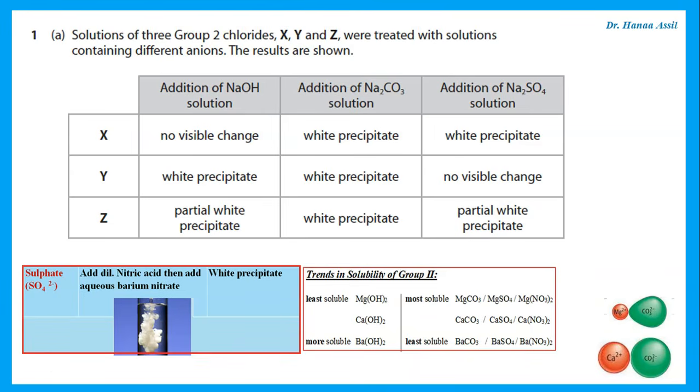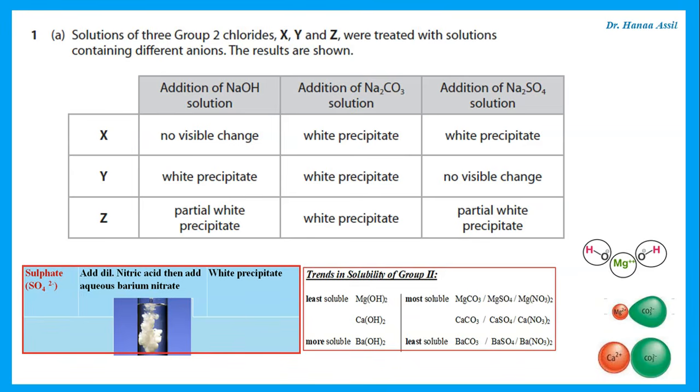So remember that as we go down group 2, the carbonates become less soluble and sulfates become less soluble. But if we're talking about hydroxides, if the cation is small, that is less soluble. Hydroxides with magnesium will be less soluble than with barium or calcium.